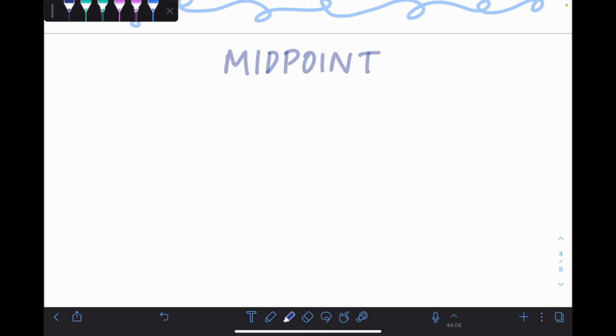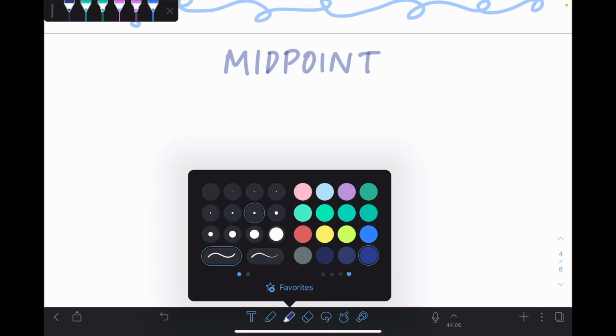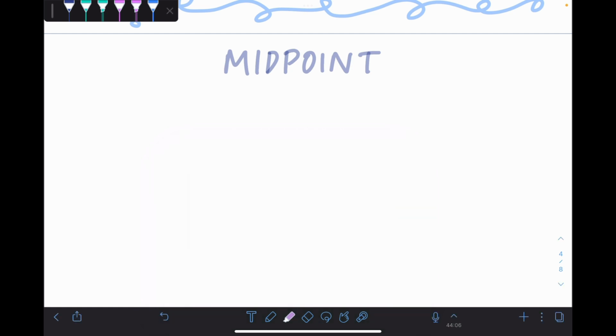We know it's got to do something with all these coordinate points that we've been using on our Cartesian plane. I wonder if we have a look at this word, when we say mid, what does mid mean? Obviously, when we hear mid, we think middle.